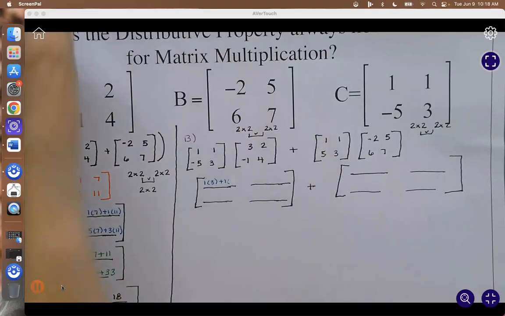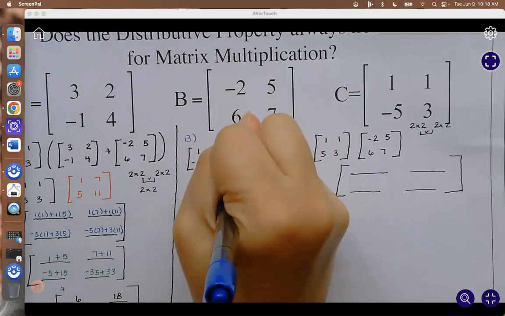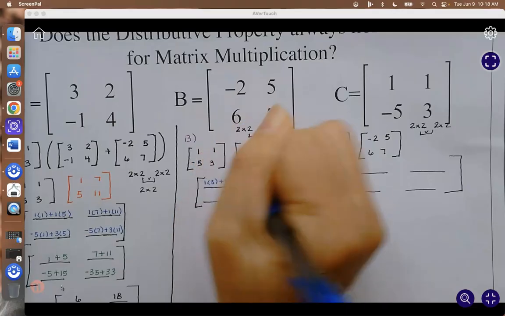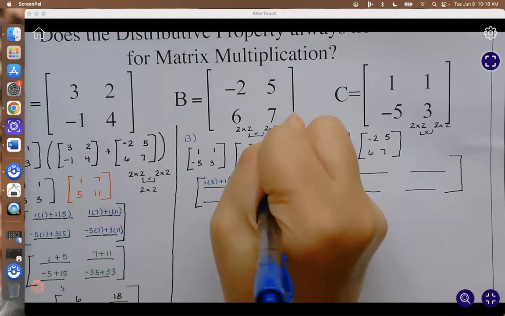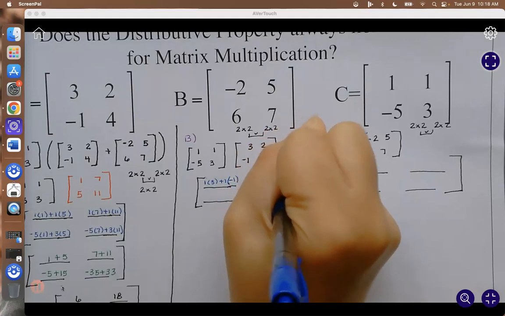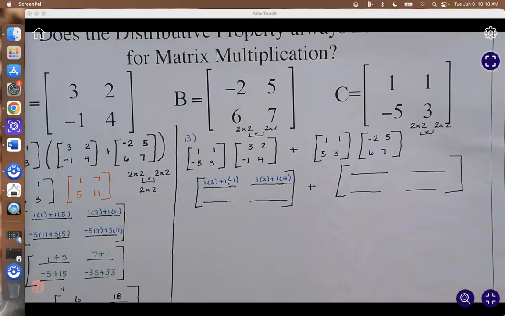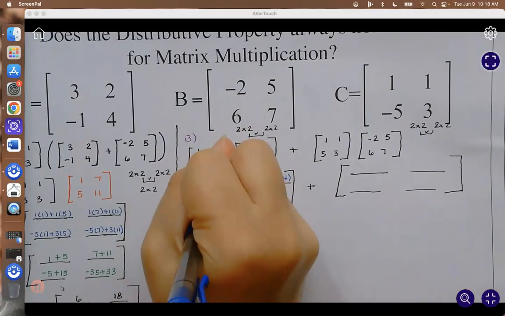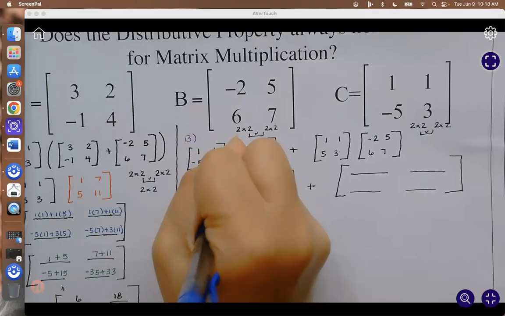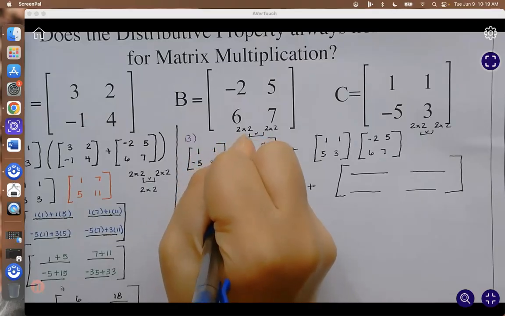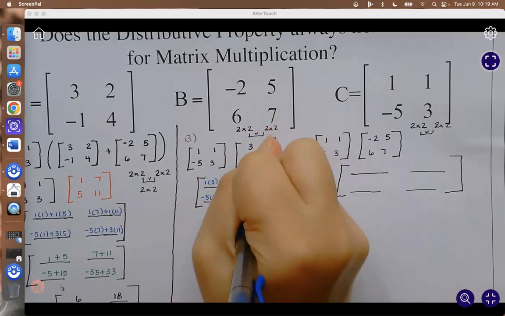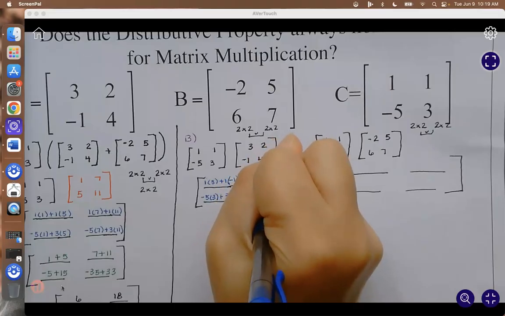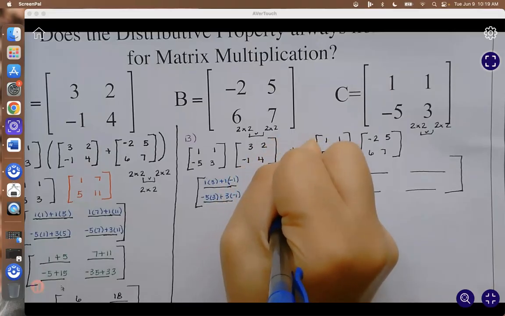I got a little excited. Then we have 1 times 2 plus 1 times 4. Okay. Then we have negative 5 times 3 plus 3 times negative 1. Then we have negative 5 times 2 plus 3 times 4.